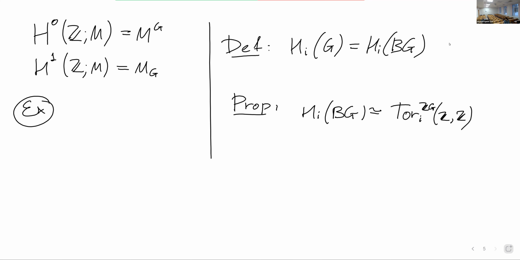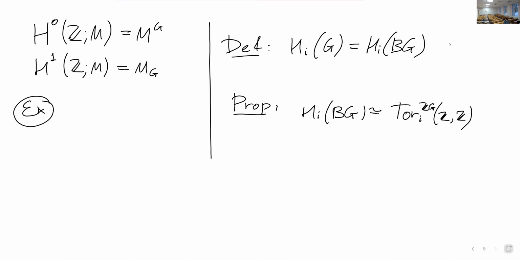And more generally, if we put an arbitrary M on the left-hand side, then on the right-hand side we would need to consider homology with coefficients in the representation, which is the action of pi_1 on M.